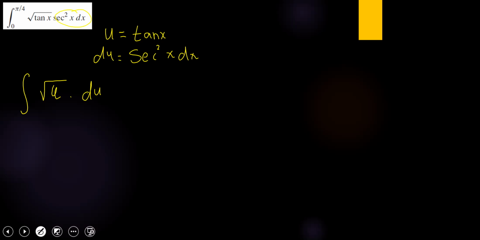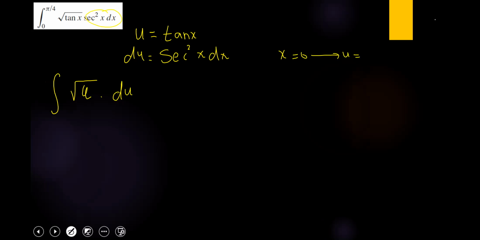When x is 0, u will be tan 0, which is 0. And when x is pi over 4 or 45, u will be tan 45, which is 1. So you have now the new interval from 0 to 1.